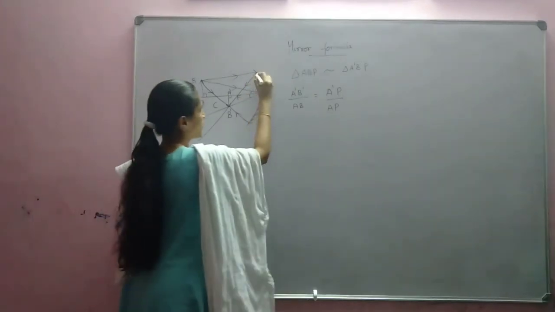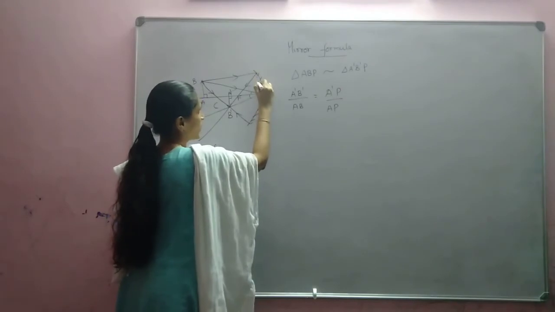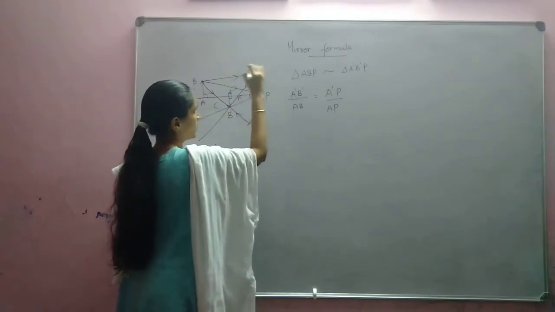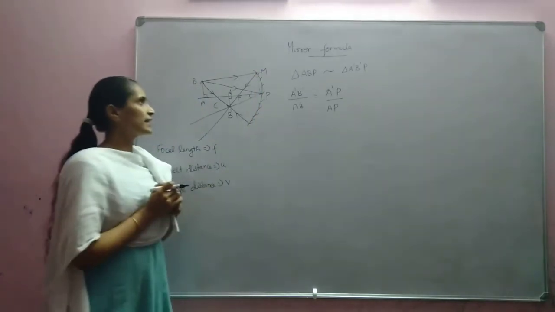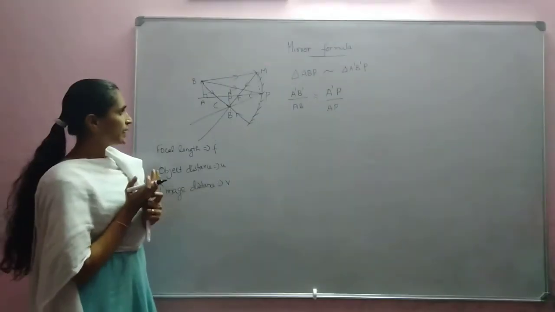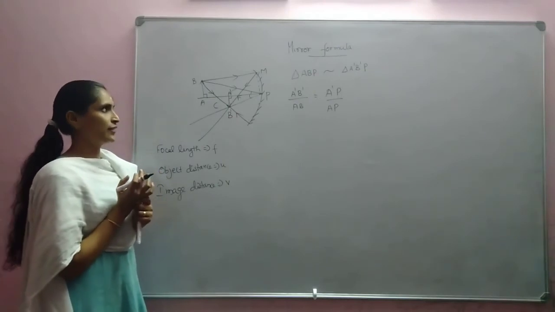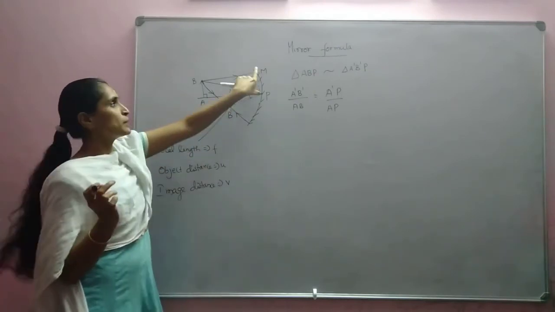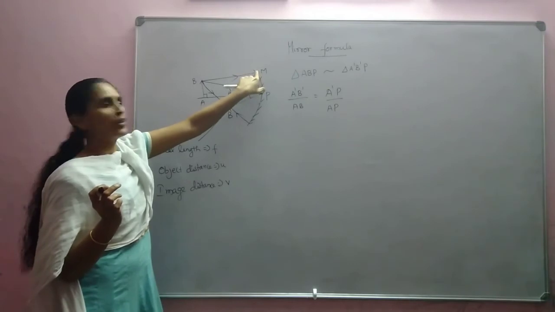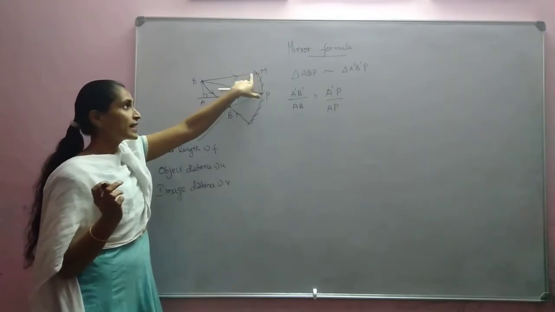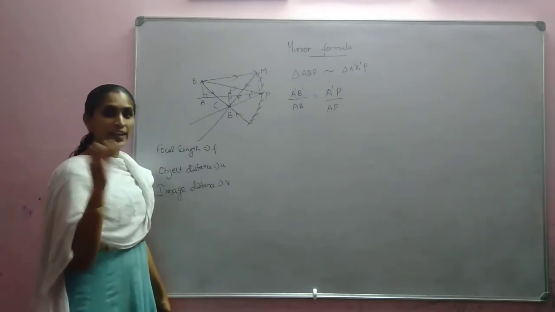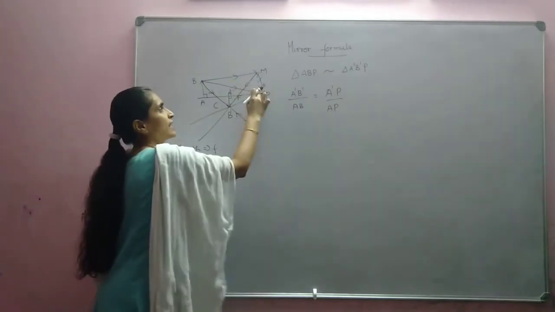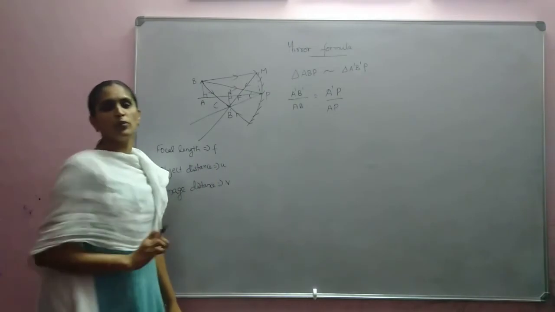Now we can consider one more triangle here. We will draw a perpendicular from here, and we can mark it as M. So we can consider two triangles, MPF and A dash B dash F. This perpendicular distance MP will be almost equal to AB if we consider that the ray is closer to the principal axis, because in that case this line and this curve distance will be almost equal.